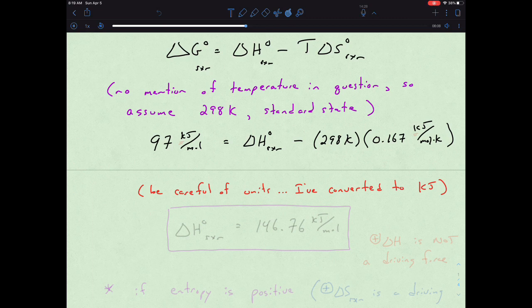And we can see that with the kilojoule per mole idea with both the delta S as well as the delta G. And so I can quickly manipulate that and solve for our delta H of reaction to be 146.76 kilojoules per mole. So there is our delta H of reaction.